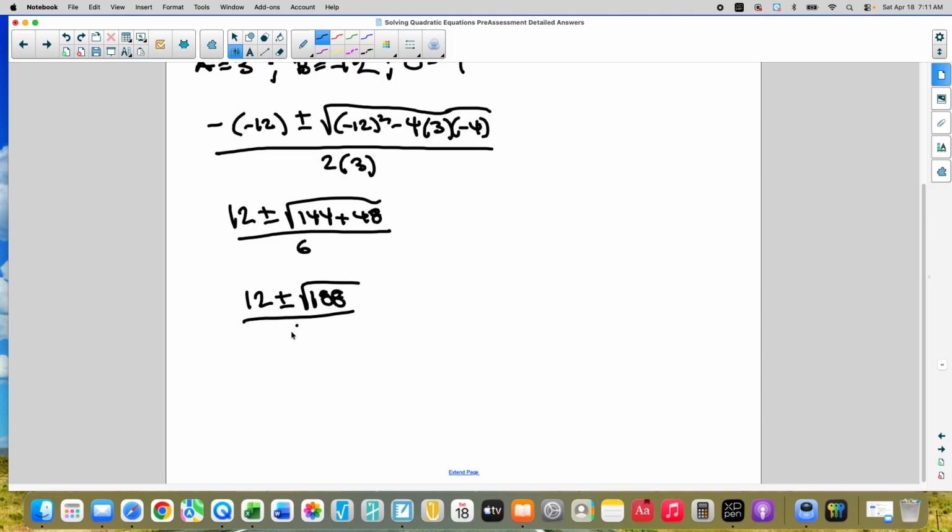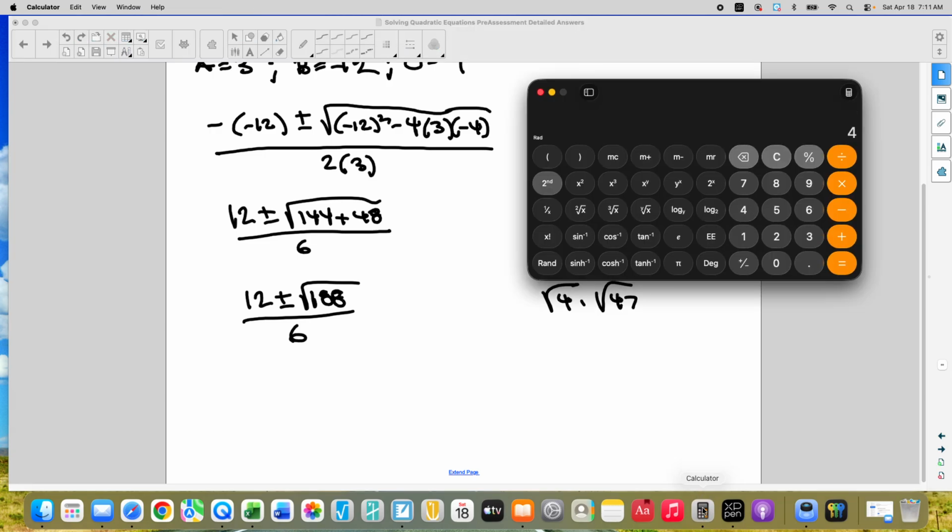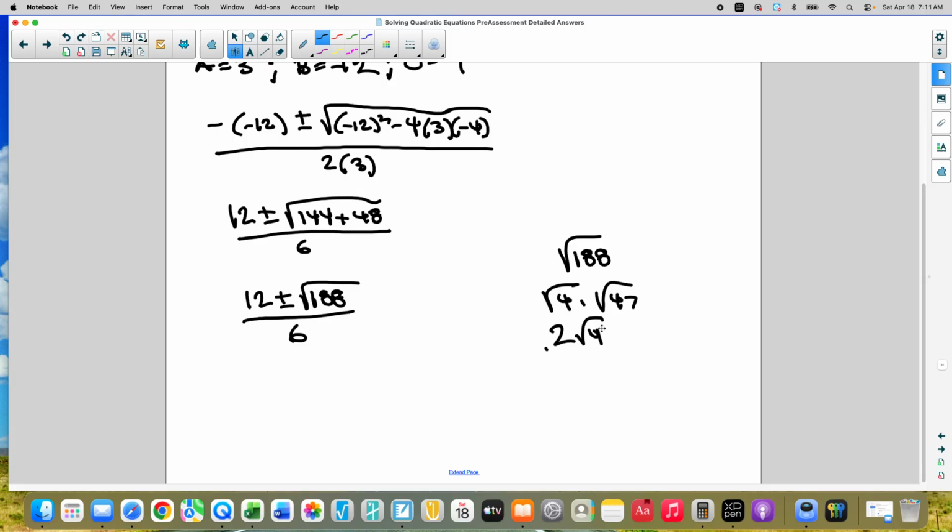Ooh, over 6, 192. Okay, 4 goes into that 48. Let's just check. 4 times 48 gives me 192. That was correct. So we get 2 rad 48. So 12 plus or minus 2 rad 48 over 6.